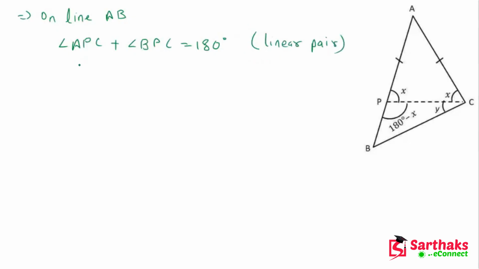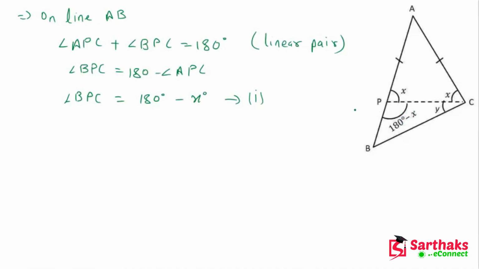Got it? If we shift angle APC to the RHS, we get minus angle APC. Angle APC is x degree, so angle BPC will become 180 minus x degree. Let's suppose this is equation number 1.